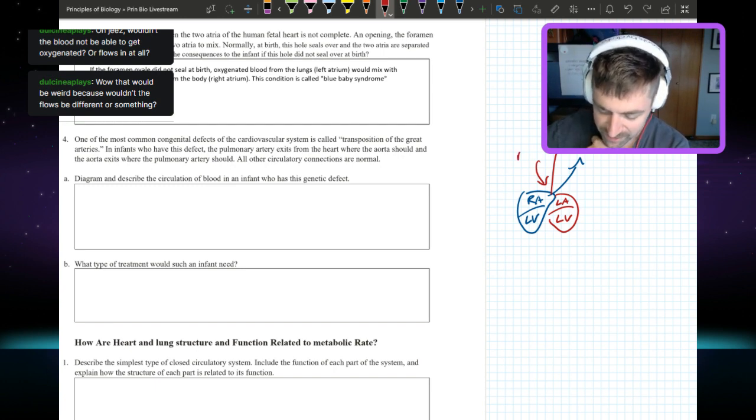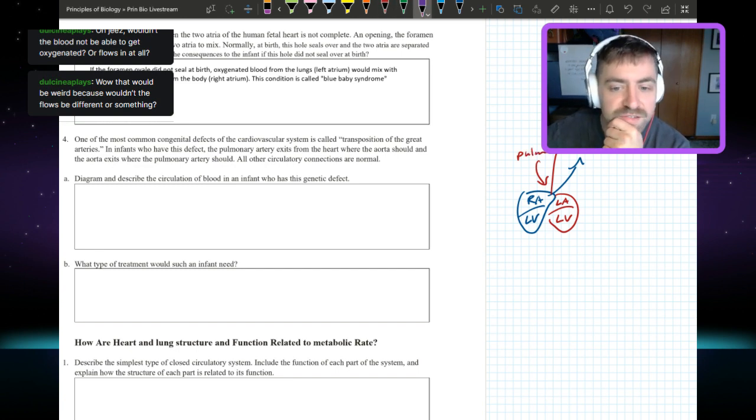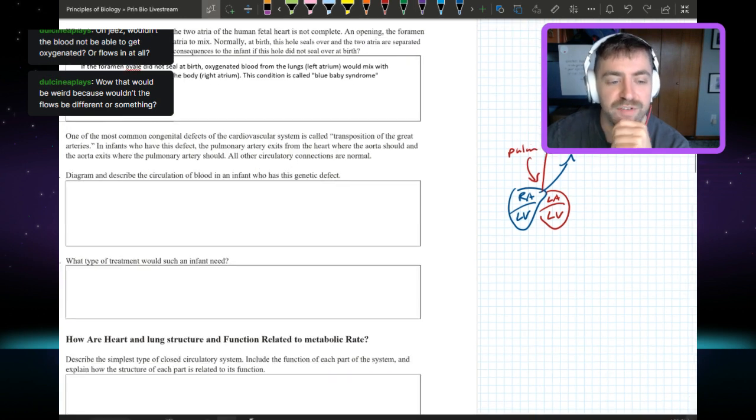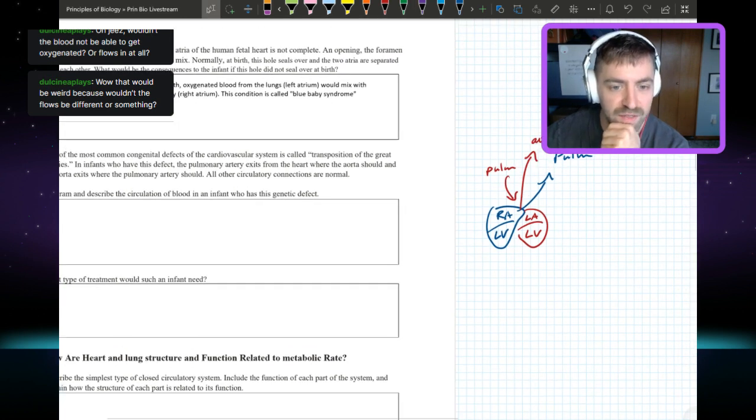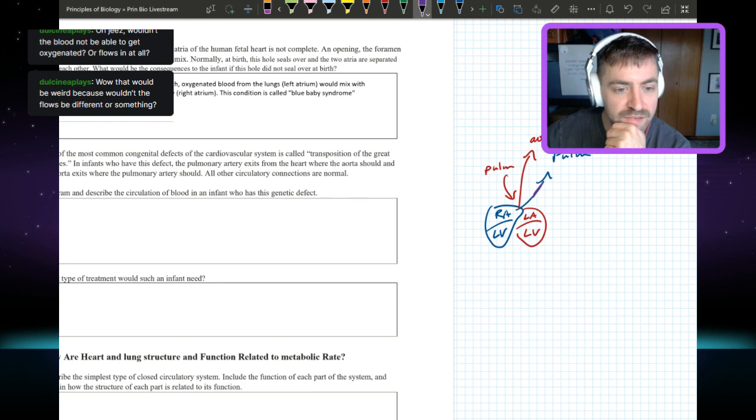Yeah, so the difference here is different. We're going to try purple. The pulmonary artery, this one. The pulmonary artery exits from the heart where the aorta should. Okay?